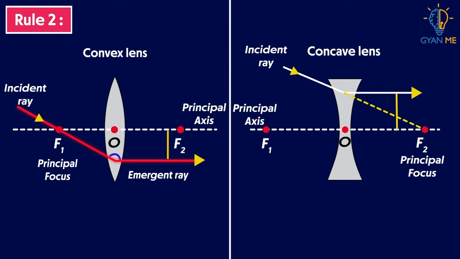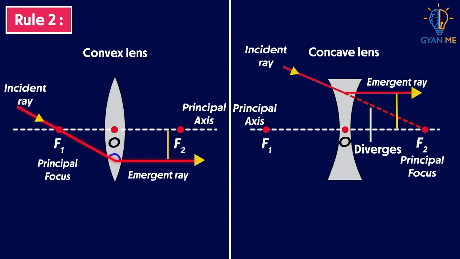But wait, in the case of a concave lens, the incident ray diverges after it refracts in the opposite direction. And thus, when the rays are extended back on the other side, they appear to be passing from the focus point. This is the reason we say that an incident ray which appears to pass from the focus point emerges parallel to the principal axis after refraction.